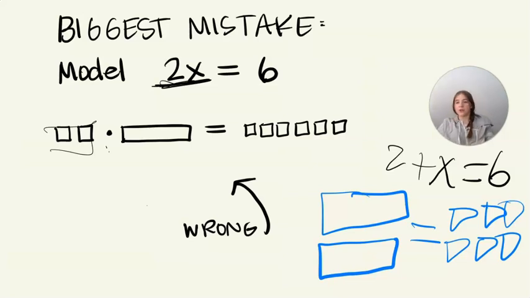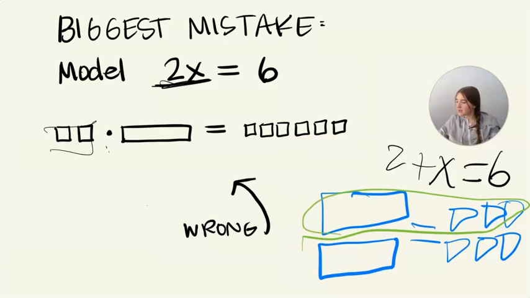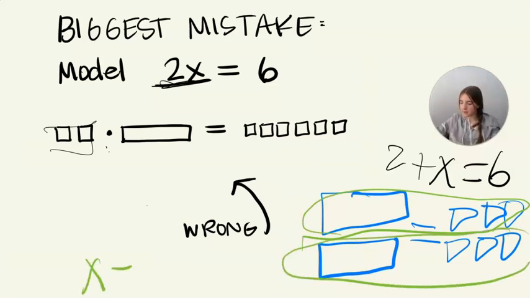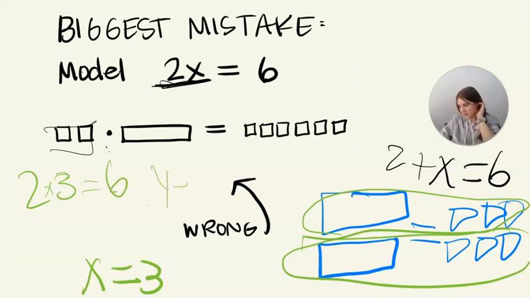And do you remember what you do to find what x is? I'm going to go like this, and that makes x equal 3. So 2 times 3 equals 6. Yes, it does.